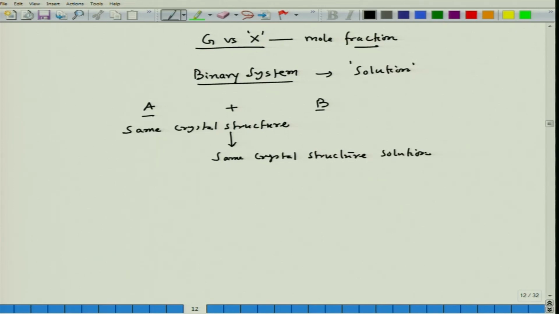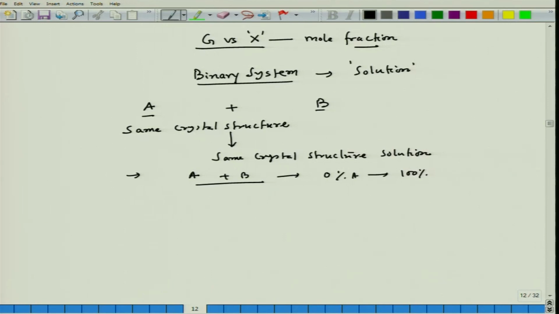So, these are some of the assumptions. Another assumption we take is that A and B can be mixed over the entire composition range. That means, the solution could vary from 0% A to 100% A. So, the entire range we can constitute a solution, either liquid solution or solid solution.